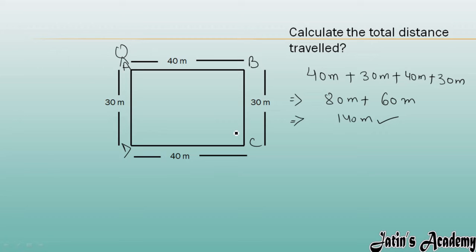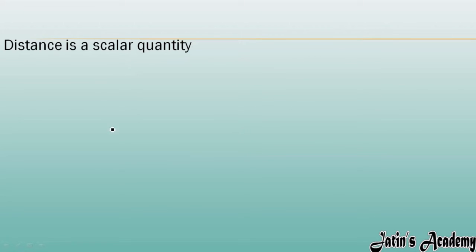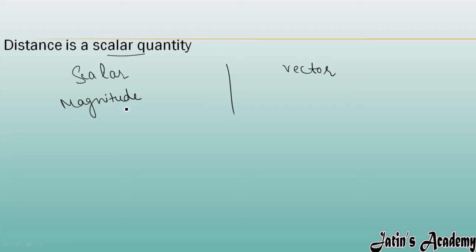Okay. So next we are having distance is a scalar quantity. Now we will see what is the difference between scalar and vector quantity. Firstly, I want to tell you what is the difference between scalar and vector quantity. So what is a scalar quantity? A scalar quantity is that quantity which has only magnitude. It is a quantity that has magnitude but no direction.